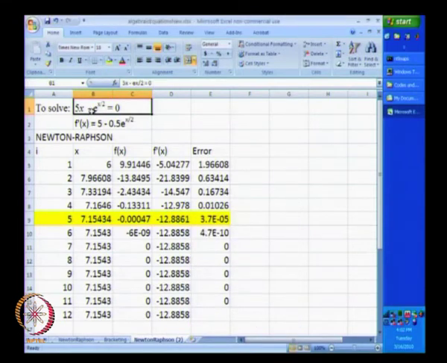Okay. And to solve x to the power 5 minus 1 equal to 0. So what we are interested in solving is x to the power 5 minus 1 equal to 0, and our f dash of x is going to be 5 times x to the power 4.